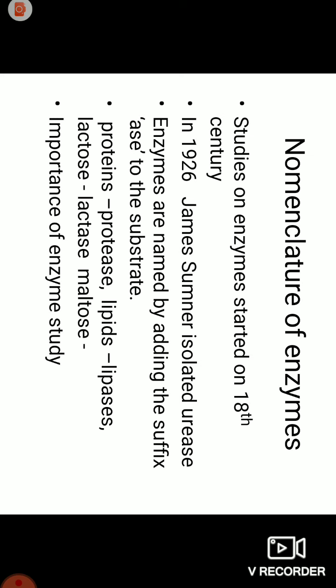Each has its own catalytic function and rate of catalysis. So more and more enzymes came. At that time, the naming of enzymes was not an issue because only a few hundred were known. The trivial, or old, system of naming enzymes is just adding the suffix ase to the substrate.